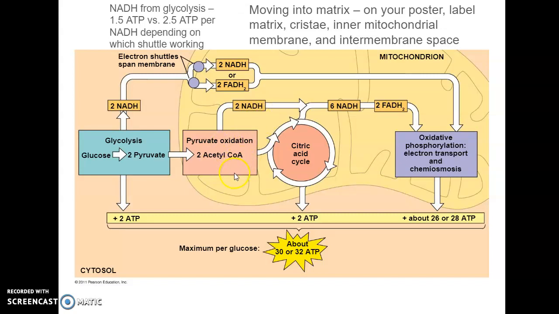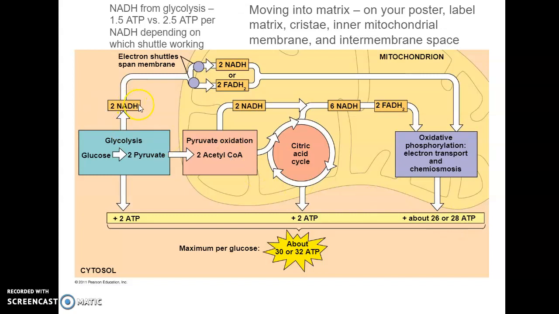So before I get into pyruvate oxidation, though, I do want to cover what happens with the very high energy electrons from the two molecules of NADH, because that's really important as well. You'll notice we have these white arrows going from 2 NADH across the membrane, and then jumping on either the NAD shuttle or the FAD shuttle, and then from there the electrons are carried into the electron transport chains and ATP is produced, right?